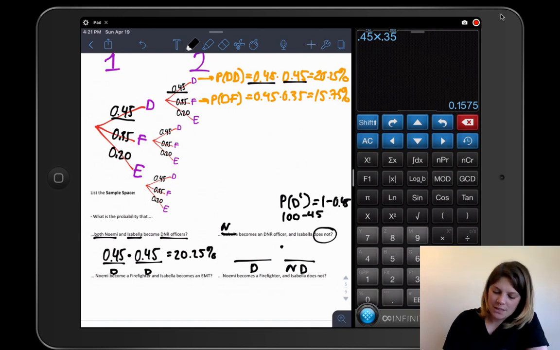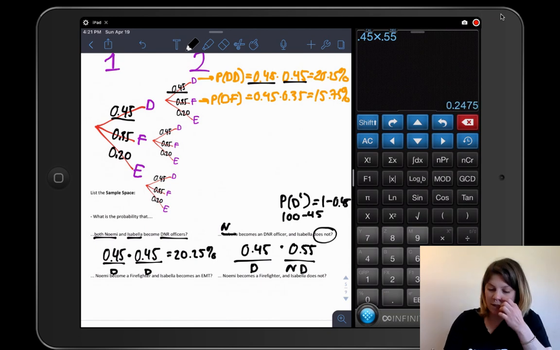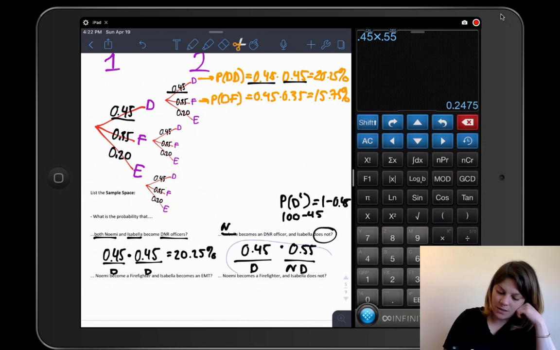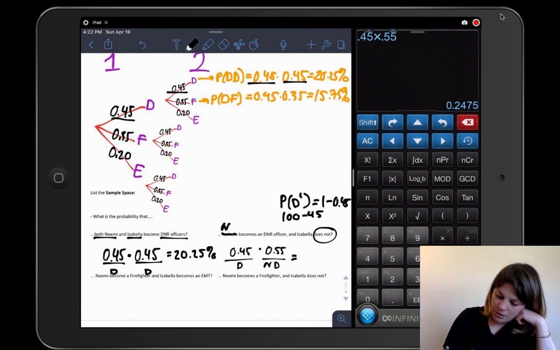And so this would be D and not D, this one's 45%, we know that, and then this one is 55%. So we would just want to change this to 55, and we get 24.75. So our answer here is going to be 24.75%.